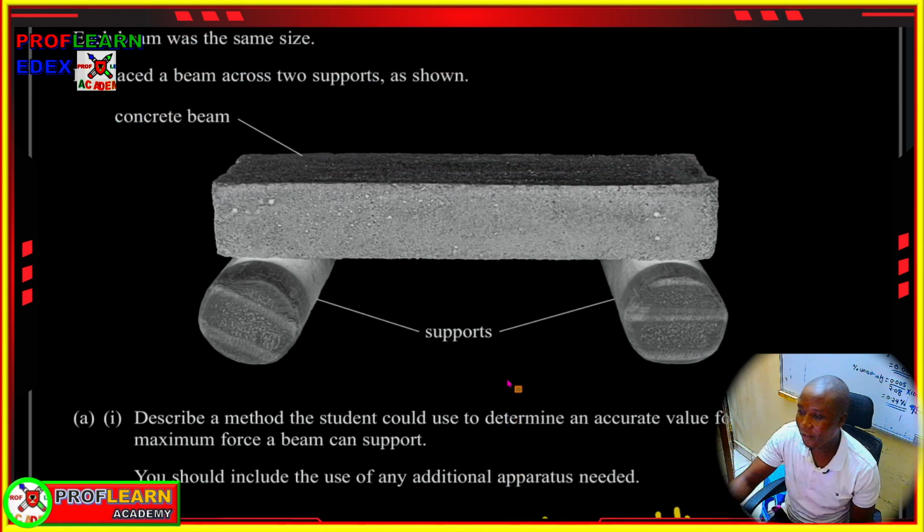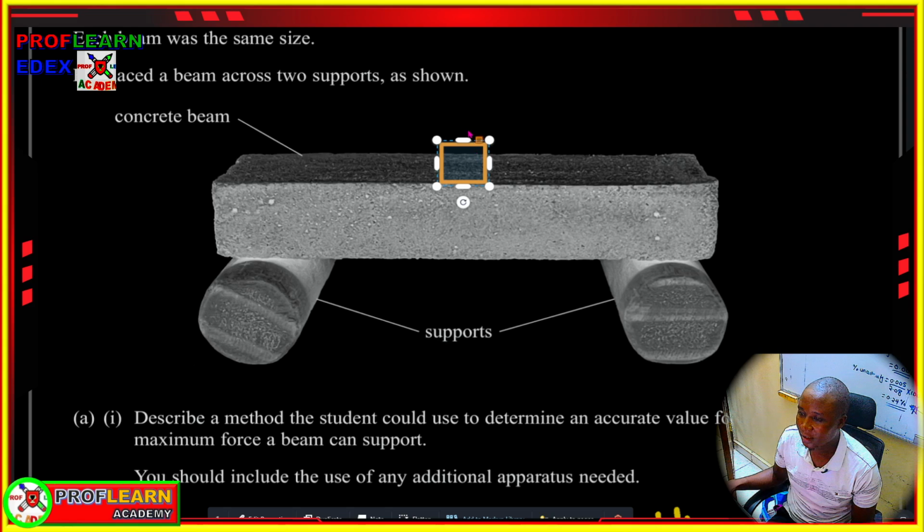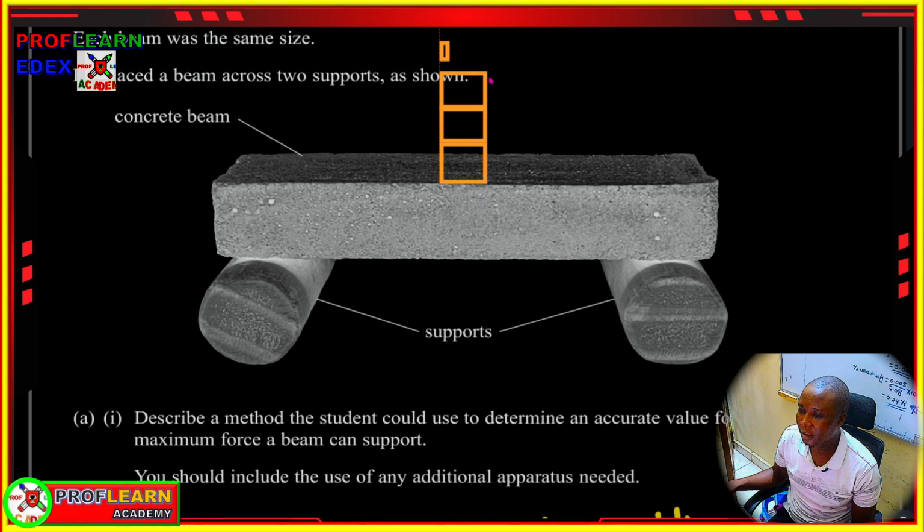So you see, if we put different masses at the center of this concrete, then we can keep on adding the mass and check how much it can support before cracking or breaking.